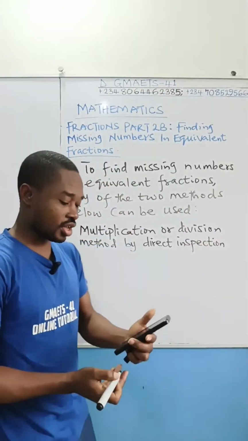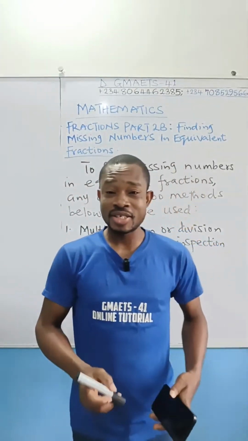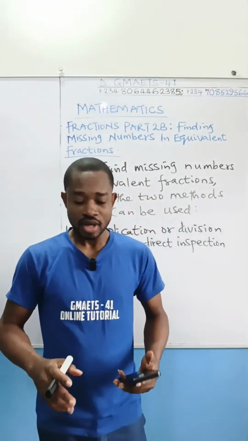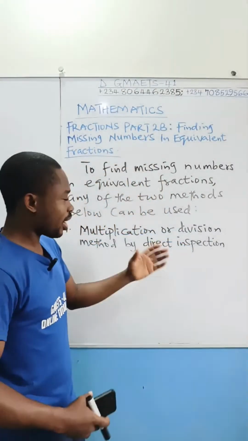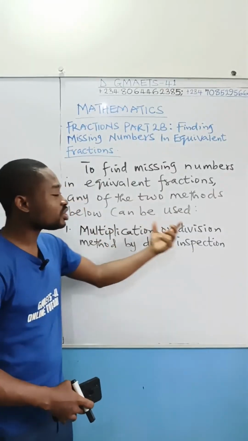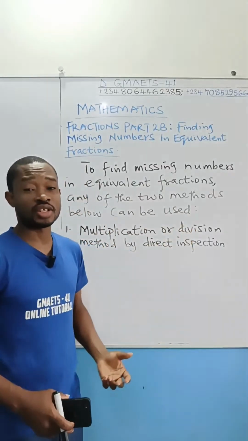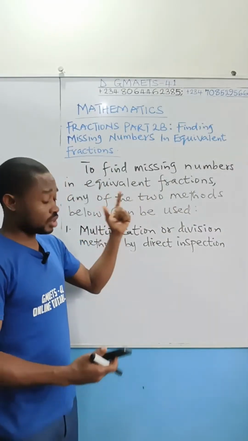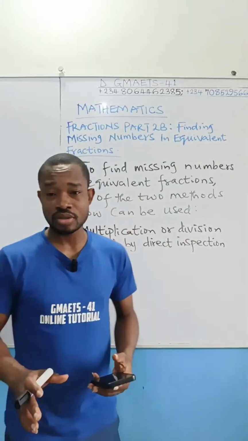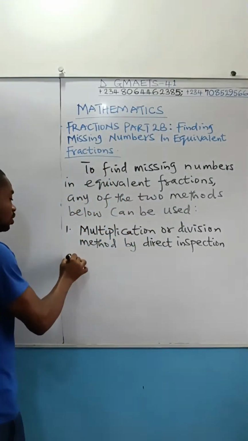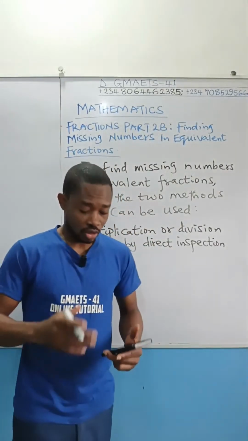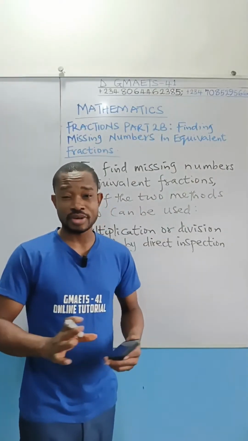So when a question is given to you, you can inspect the question directly, and what you see there would help you to know. When you inspect, you can carry out certain division or multiplication, as the case might be, to be able to get the missing number. Don't worry, when we pick examples, questions to solve, you would see how this is being done. It's very simple.